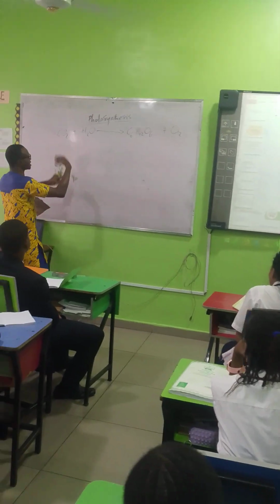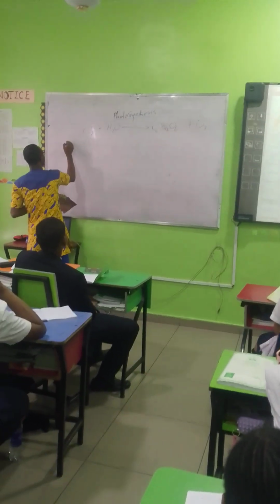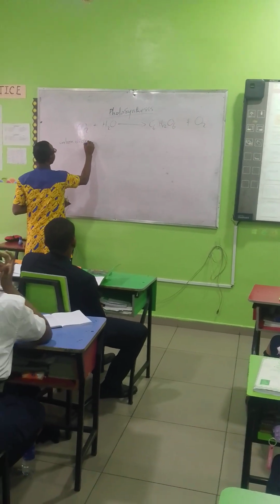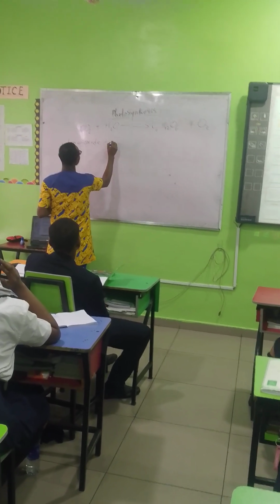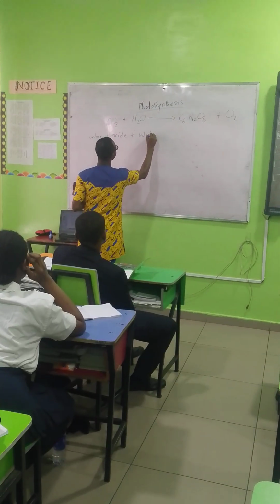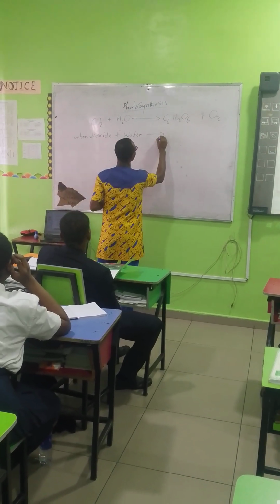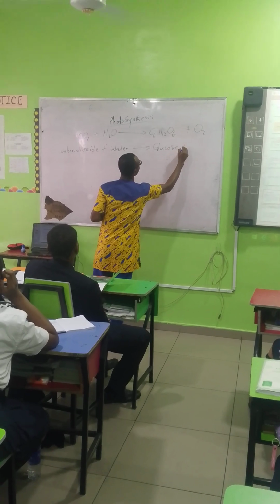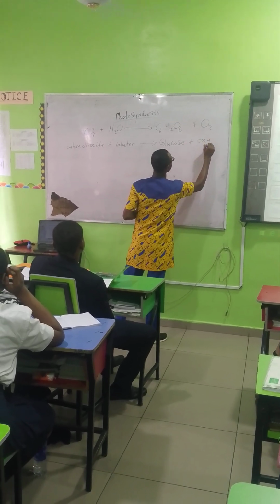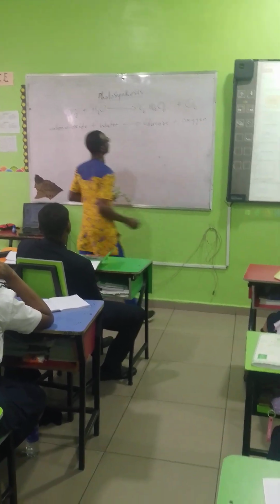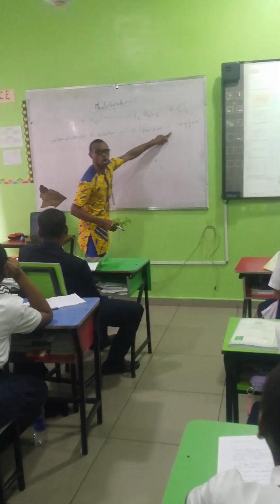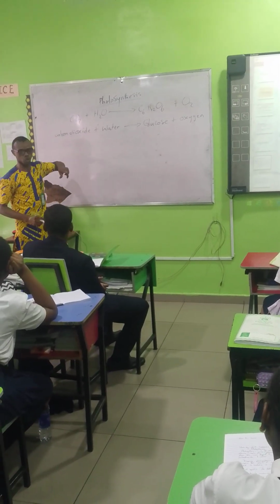But I'm going to present this in words, which will now become what? Carbon dioxide plus water, giving us glucose plus oxygen. Alright? Now, this second equation represents our word equation.